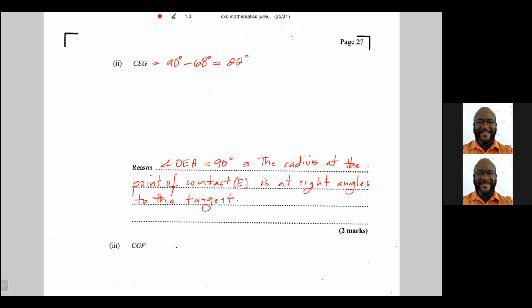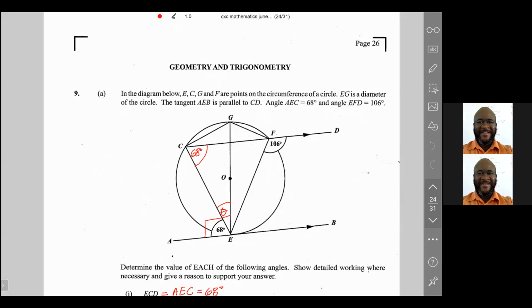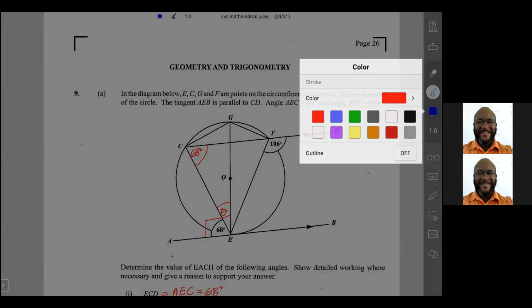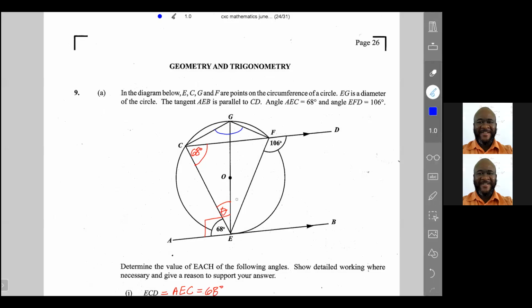All right. The next thing we need to find is angle CGF. All right, so angle CGF, let's change our color here, is this angle here. We need to find that angle, angle CGF. All right, here's how I would do that. I would use the fact that this entire angle here is equal to 106 degrees.